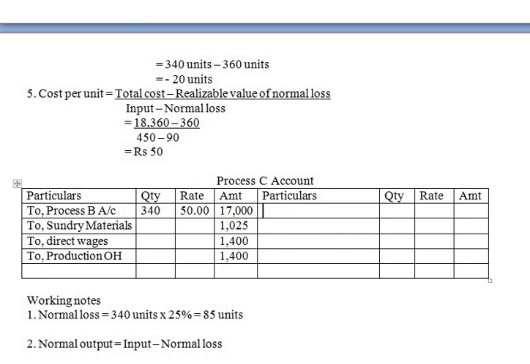So this we are going to show it on the credit side of process account by normal loss in bracket note number 1. So quantity is 85 and the realizable value is given 5 per unit, that is 425.